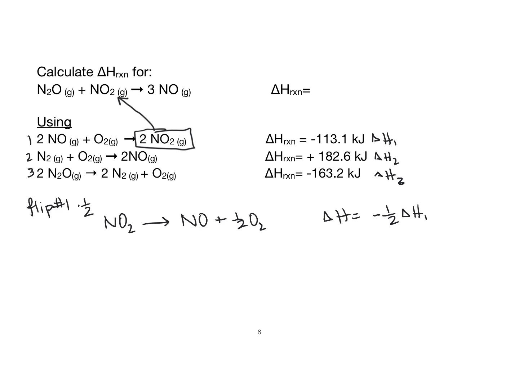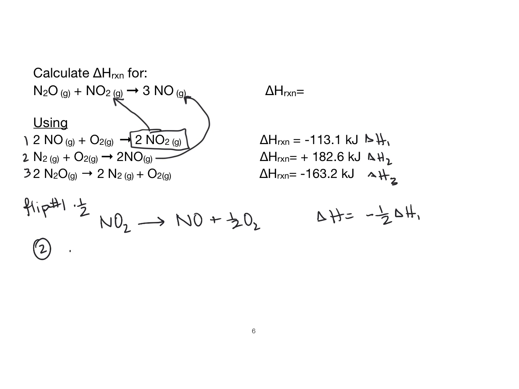So for number 2, we need to use that equation as is, because the NO is the only thing present in the equation, and we can see that here. It's also important to note that there is a nitrous oxide in the first equation, so we can likely total those up. So we're just going to use number 2 as is, to where we get N2 plus O2 gives us 2NO.